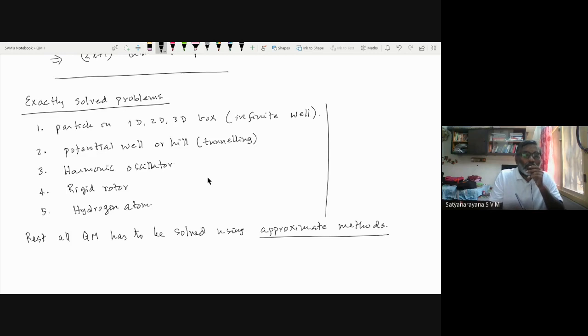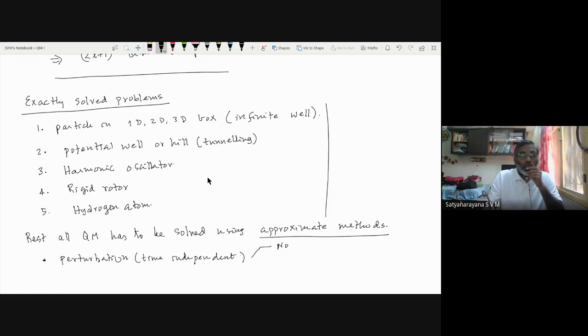So there are 3 approximate methods. The first one is called perturbation, basically time independent perturbation.